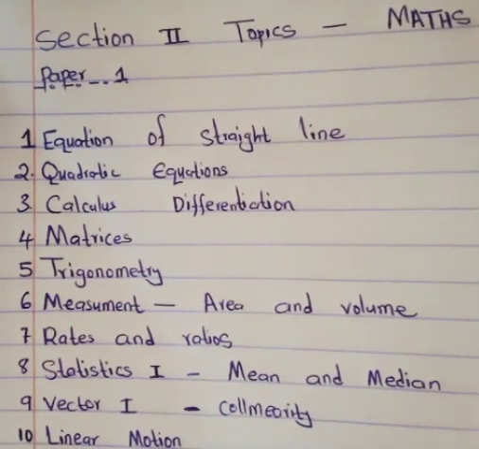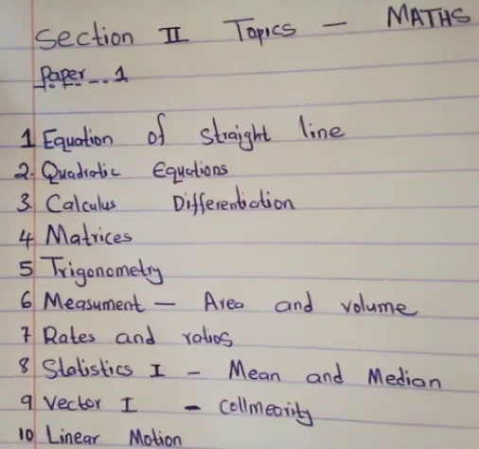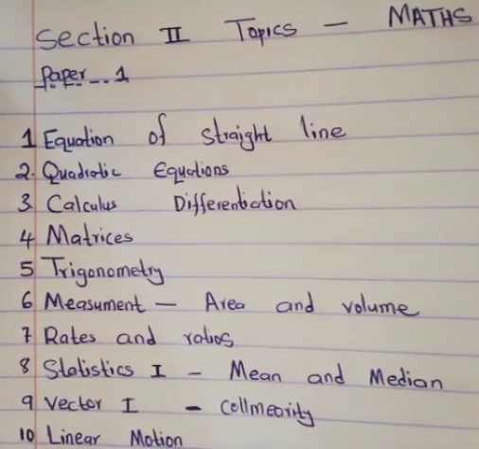And the reason is this: when you master a topic that is in section 2 and it comes, you can get the 10 marks. So if you master 5 of the questions, you can get 10 marks each, that is 50 marks. Then in section 1, if you get around 30 or 40, then you're at a good position.